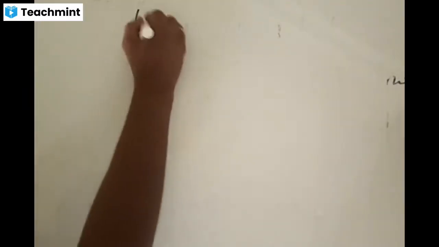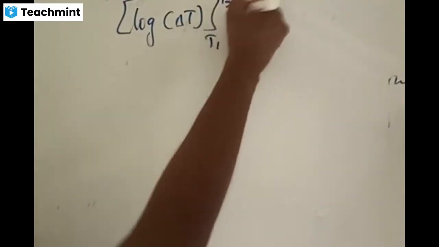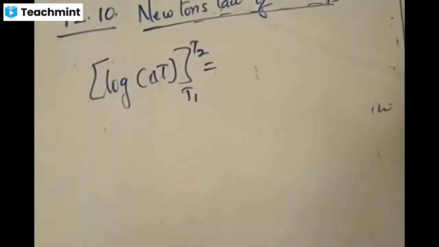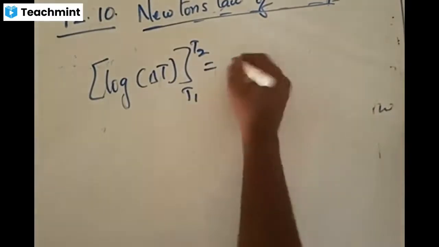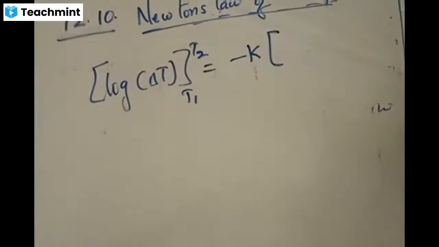Now check out integration of 1 by x. We had that equation of integration of dT2 by delta t. Integration of that gives log of delta t, whereas the change is taking place from T1 to T2, is equal to minus K times.